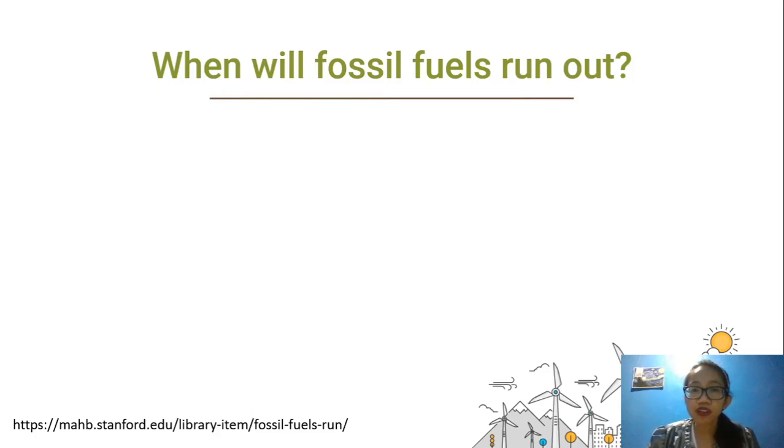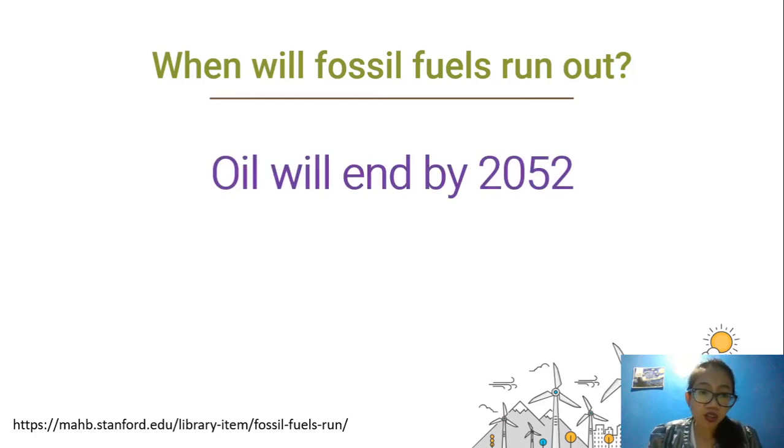So when will fossil fuels actually run out? When will we reach the limit wherein we can no longer find any buried fossilized organisms to power our society? If we are working with what we have right now, the oil plantations that we have right now, and we won't find any more, oil will end by 2052.